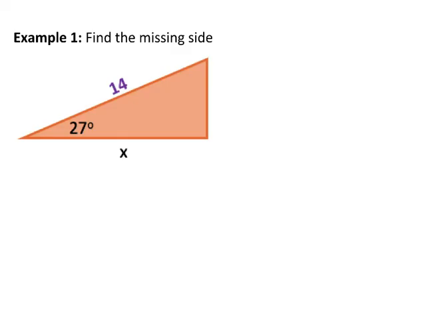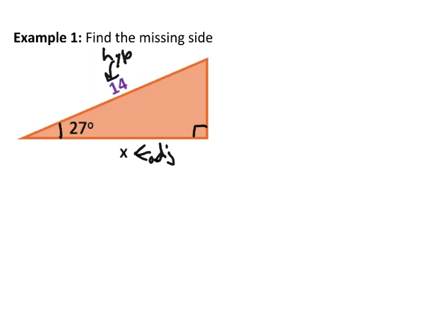All right, let's try this with a bunch of examples. So let's say you know this angle in here. So you know that's 27 degrees. This you can tell clearly is the right angle. So the 14 must be the hypotenuse. And the x here is adjacent to the 27 degrees, right? So that's the adjacent side.